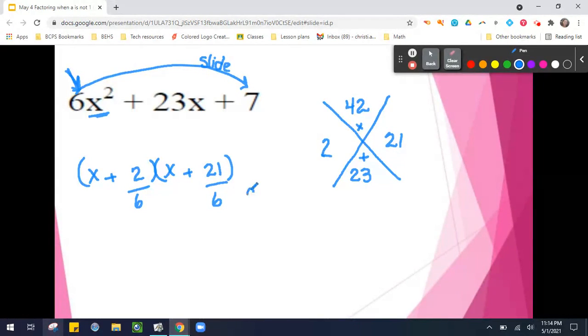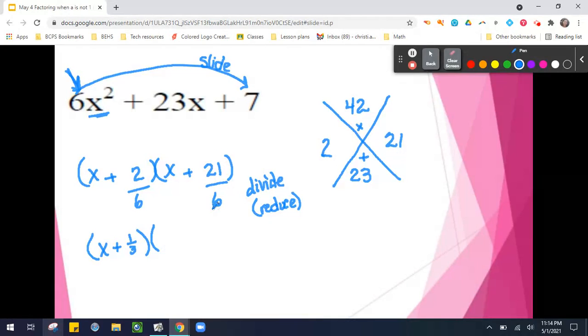Now I'm going to divide if I can, or if I can't, I will just reduce the fractions. So 2 divided by 6 comes out to a decimal. So I'm just going to reduce that fraction to 1/3. You are allowed to use your Desmos or handheld calculator to get that to reduce.